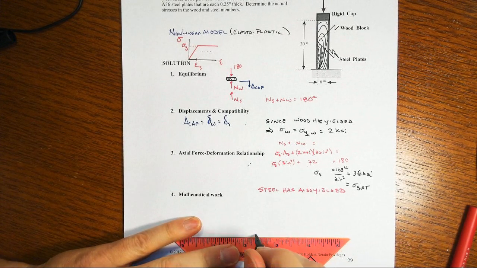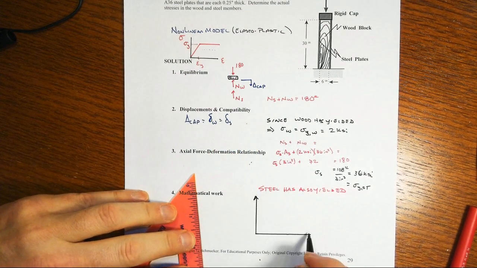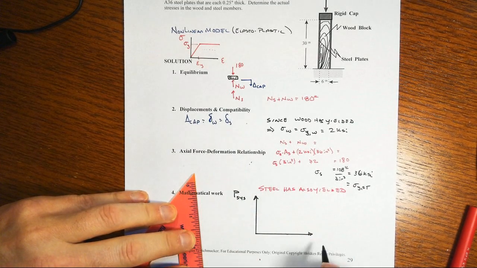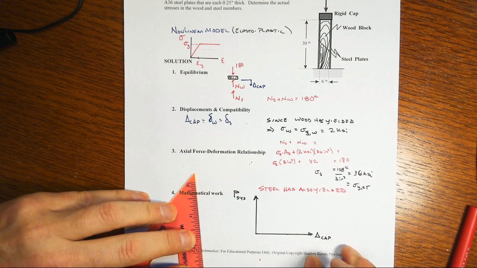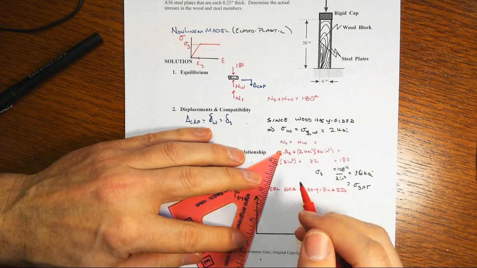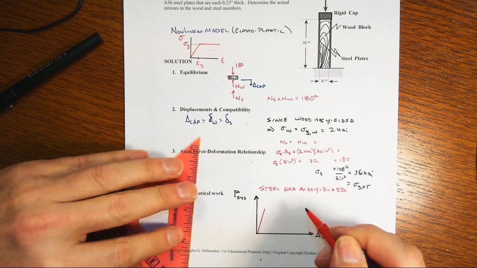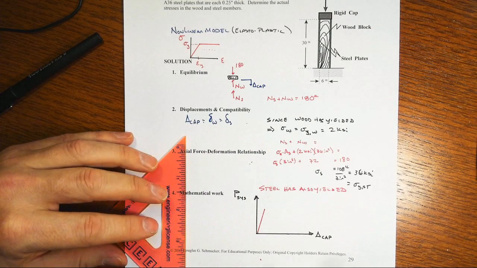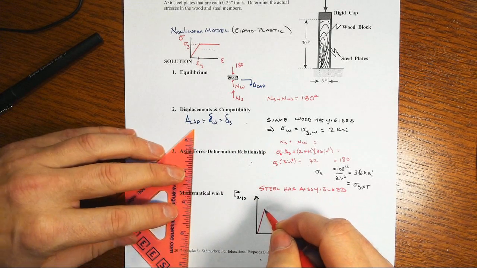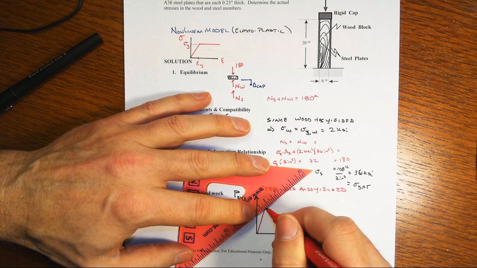And that means that if we were to plot, for instance, the force deformation relationship between the total applied force in the system and our delta of the cap, what we would find is that originally our system has both the steel and the wood behaving in a linear elastic fashion. We find then that the wood has yielded, and it will have yielded first.